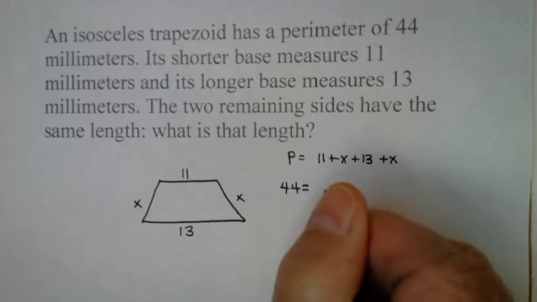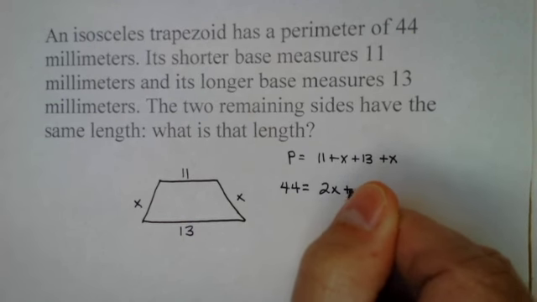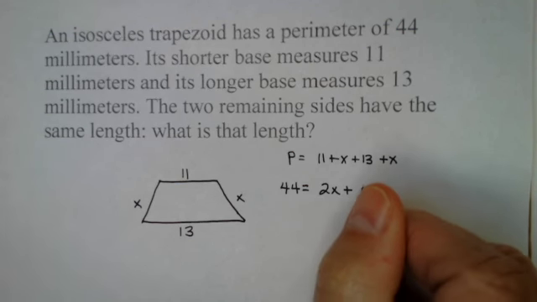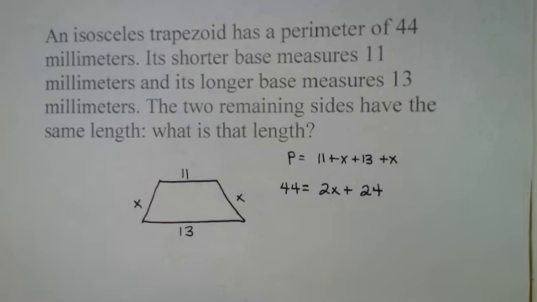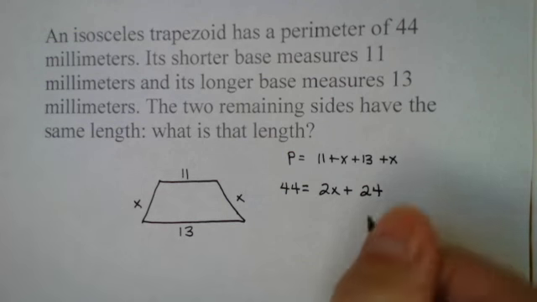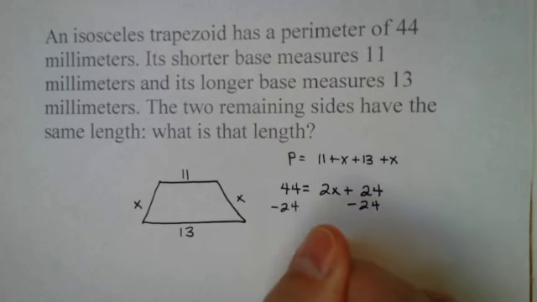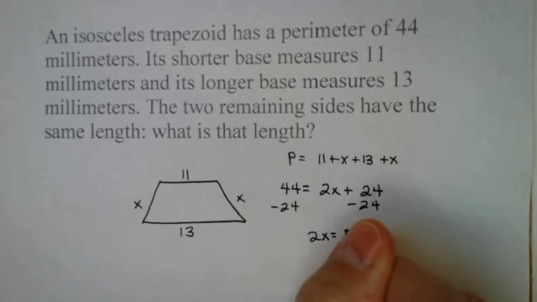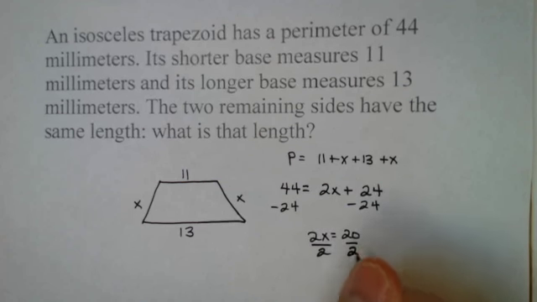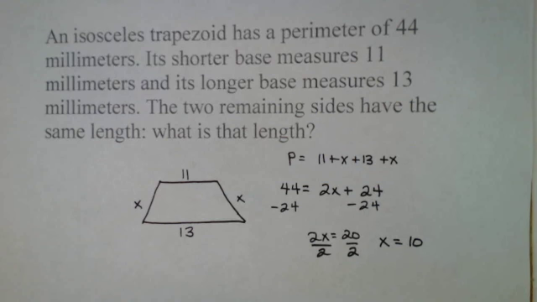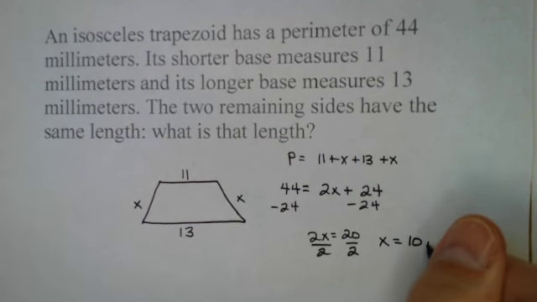X and X is going to give me 2X, plus 11 and 13 is going to give me 24. Solve this equation. Subtract 24 from both sides. 2X is equal to 20. Divide both sides by 2. X is equal to 10. And don't forget my units, millimeters. I put it on the end.